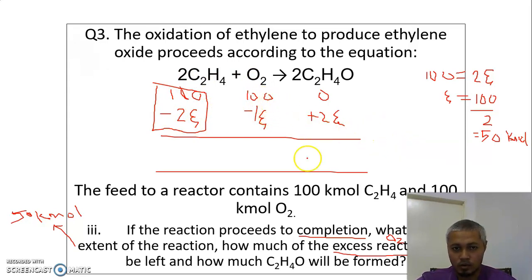Just take this value where we have 100 minus epsilon equals O2 left. So what we need to do is just plug in the extent of reaction value, where the value is 50.